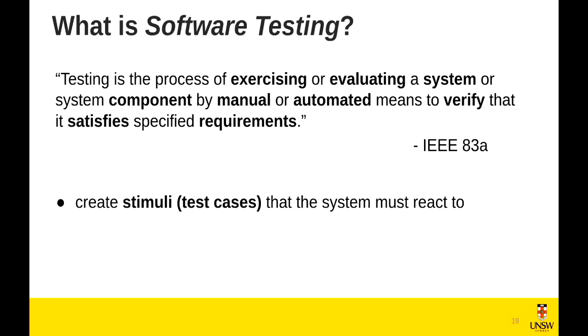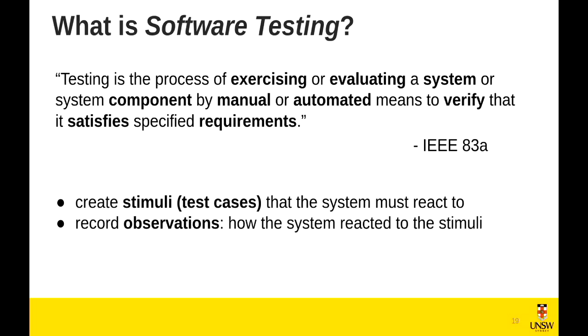If we translate this formal definition into more human-friendly language, it could be described in 3 steps. The first step is to create test cases or stimuli that the system must react to. The second step is to record observations. We need to observe how the system reacted to the stimuli.